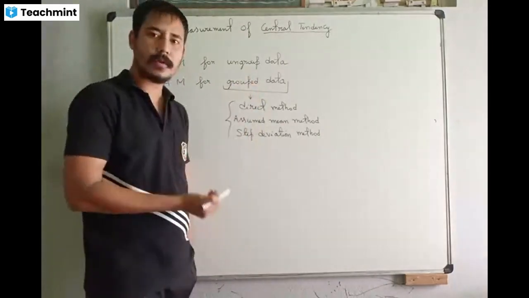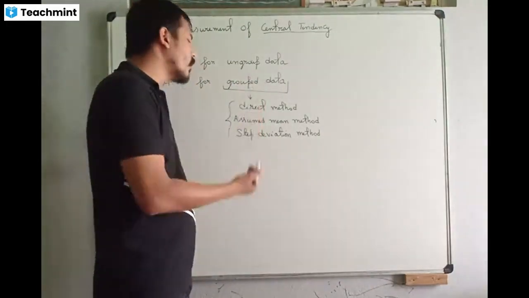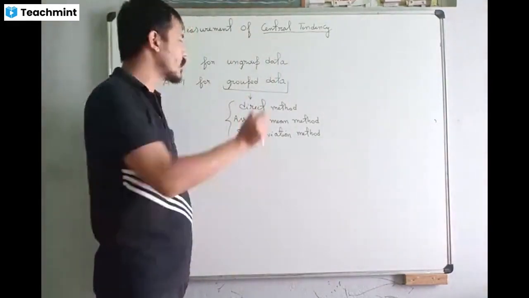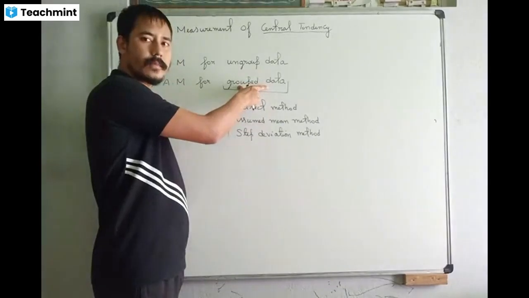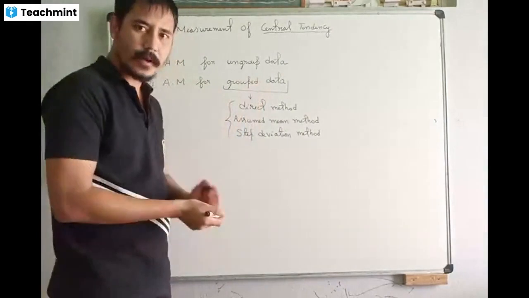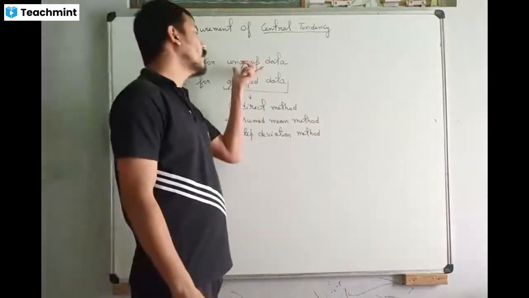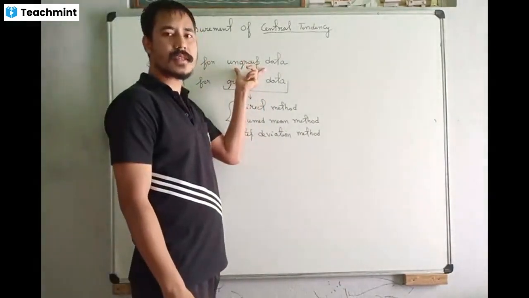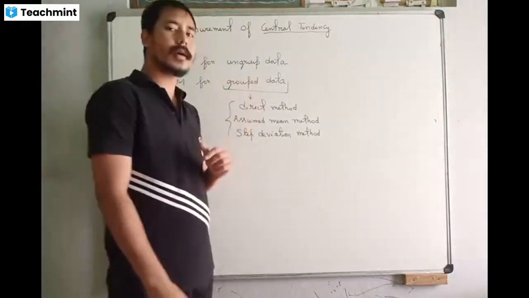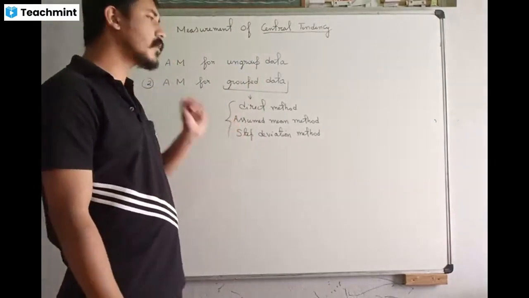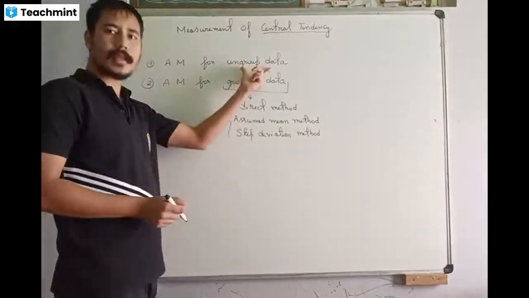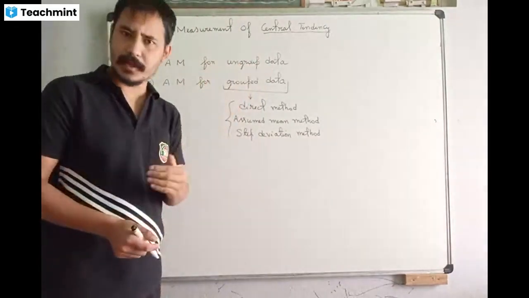When to use the direct method, when to use the assumed mean method, and when and how to use the step deviation method, these things we will discuss once we do the numerical problems based on this grouped data. Now we shall first consider the case of ungrouped data. I'm repeating again: for grouped data, we can apply these three different methods for finding the arithmetic mean, but for ungrouped data, we strictly follow the definition.